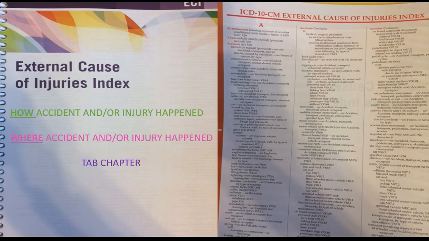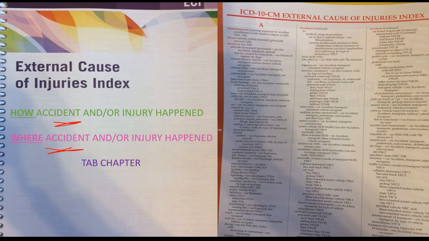Now this is another alphabetic index, but here's where you're going to find codes that identify how the accident happened and where the accident happened.